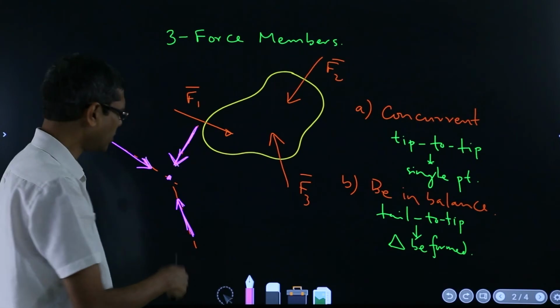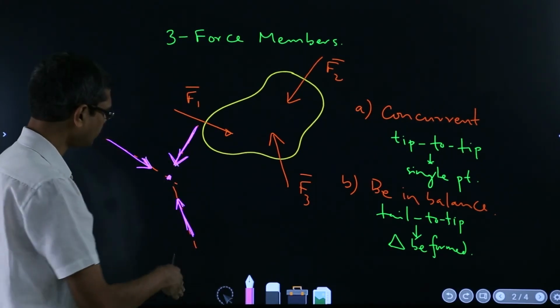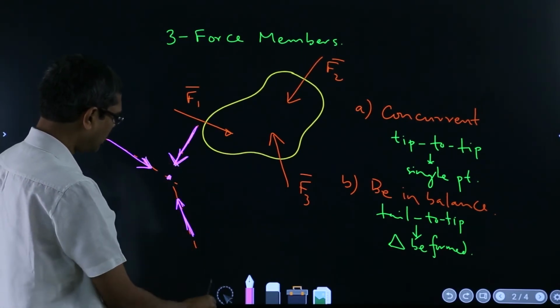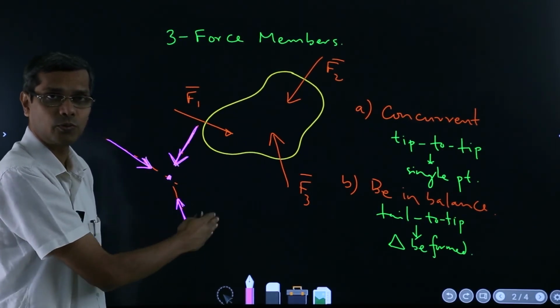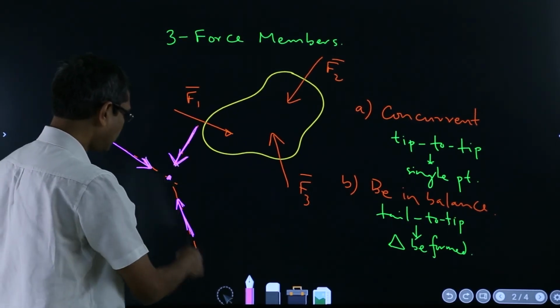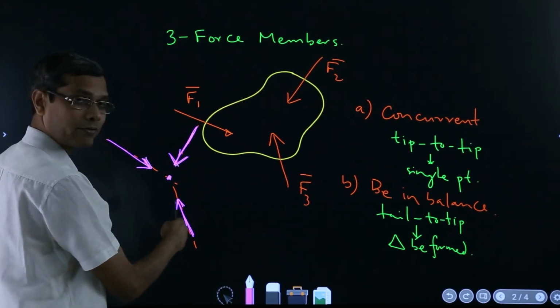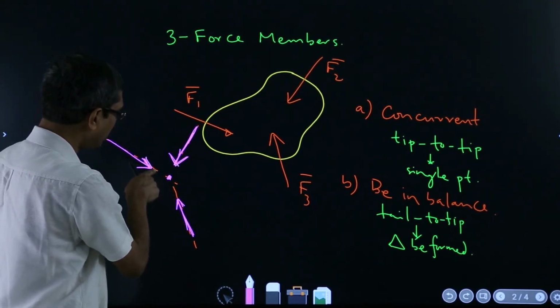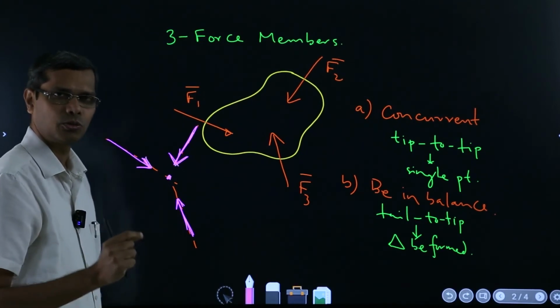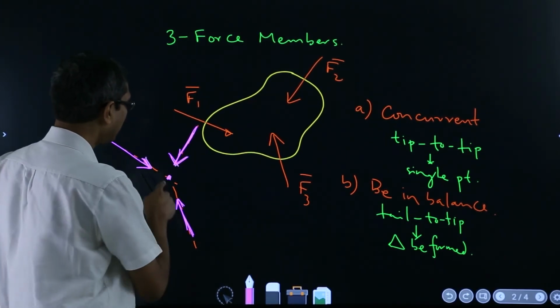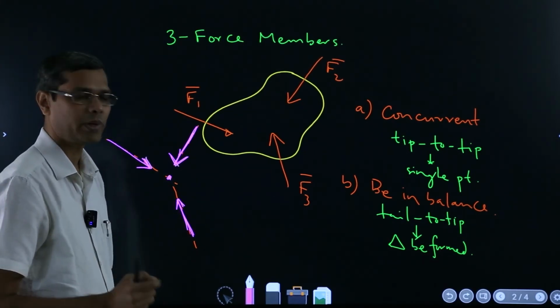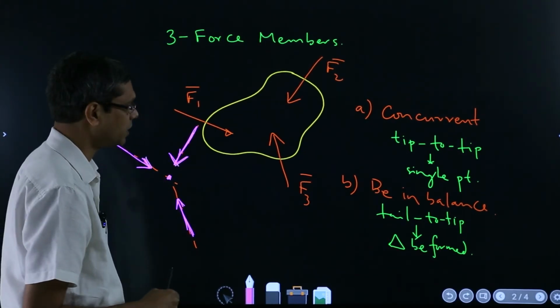If you join them, because the forces are transmissible, you just pull them apart along their line of action; you are not free to move the lines of action as such. So if you move them along the line of action and bring the tips together as far as possible, then you should have a point where all the 3 forces meet.